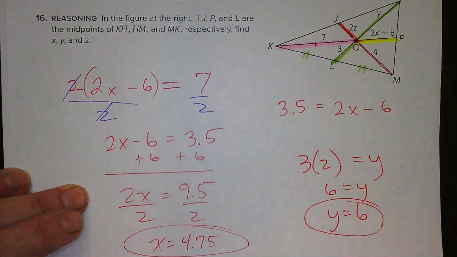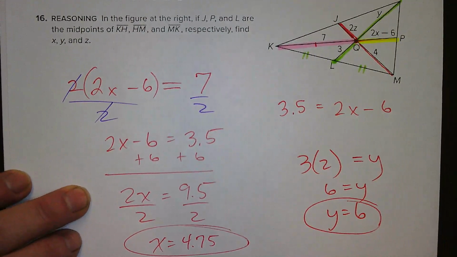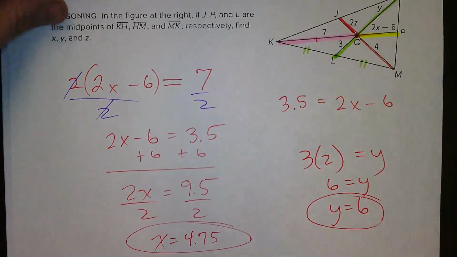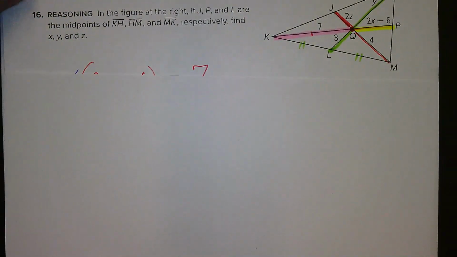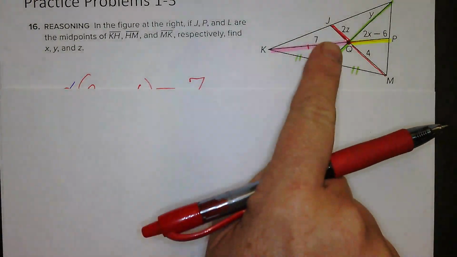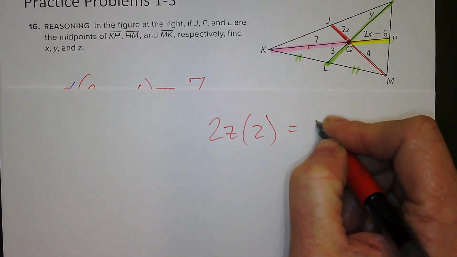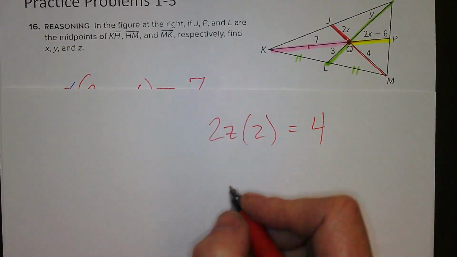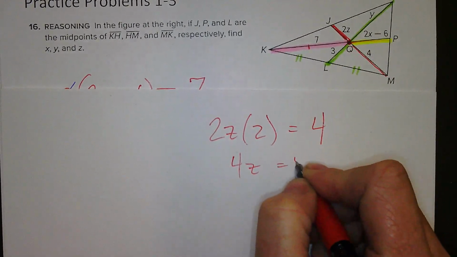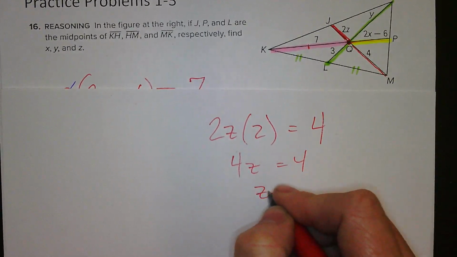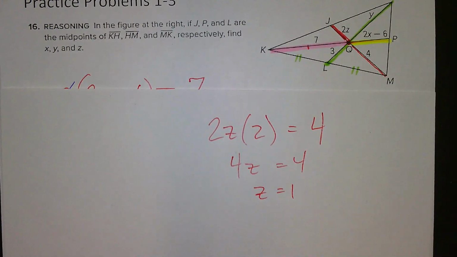So I'm going to go ahead and do that here. Just running out of room with paper. So I'm going to take my 2z, and I'm going to double that. That will equal 4. So then I got 4z equals 4, divide by 4, z equals 1.